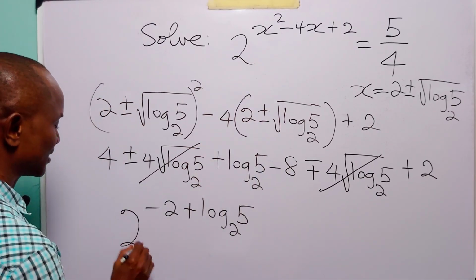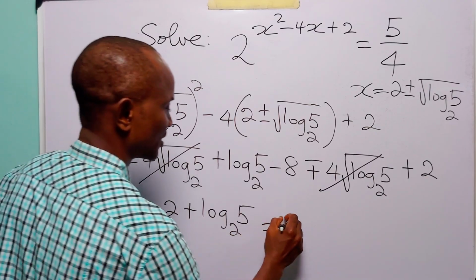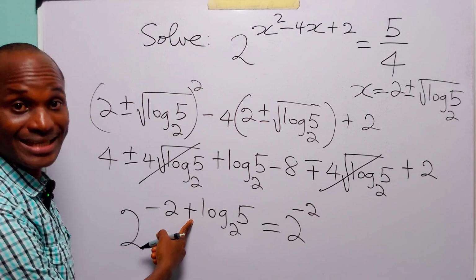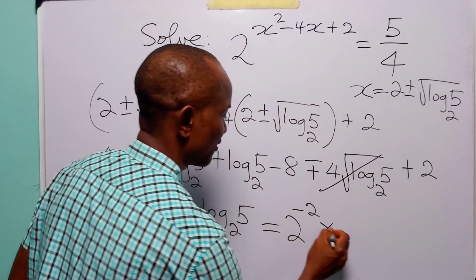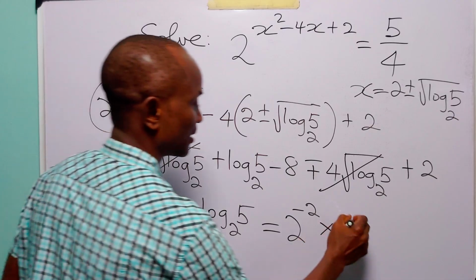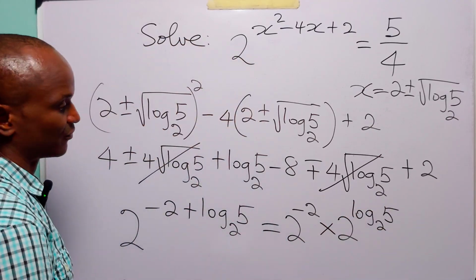So when we add 2, this is going to be equal to 2 to the power minus 2. Because of the addition, we have multiplication: 2 to the power log to base 2 of 5.